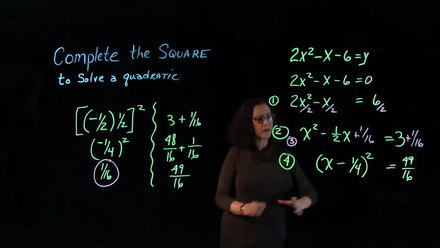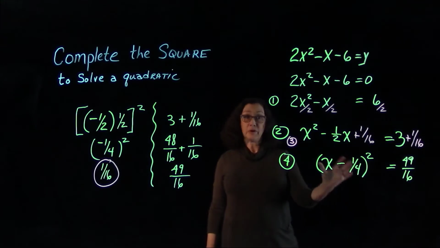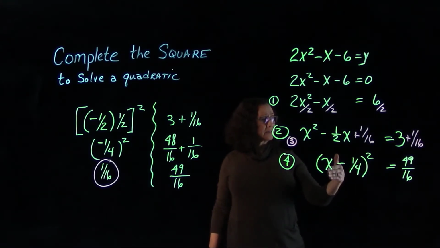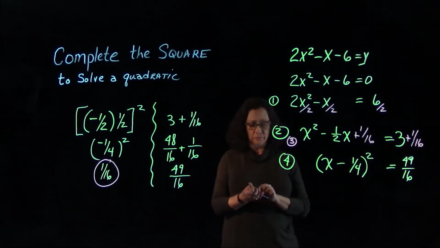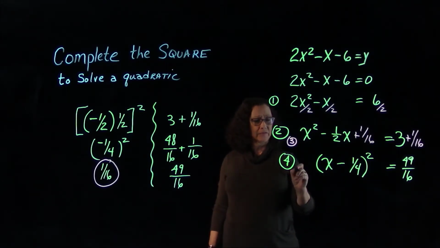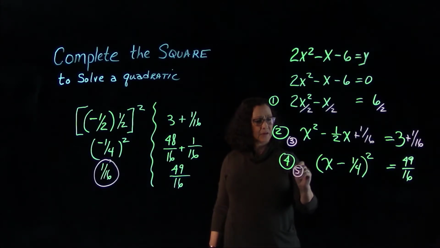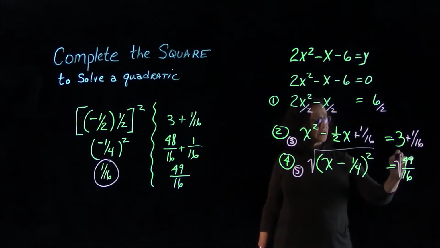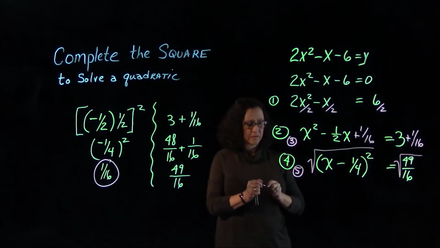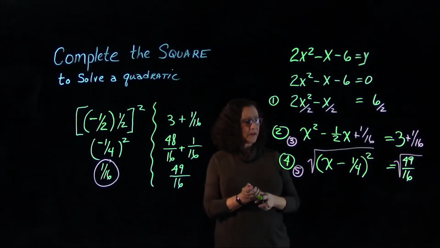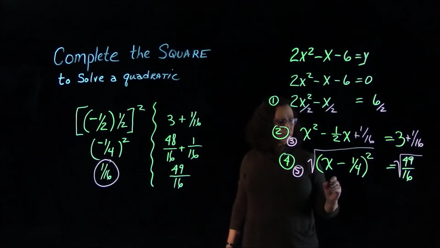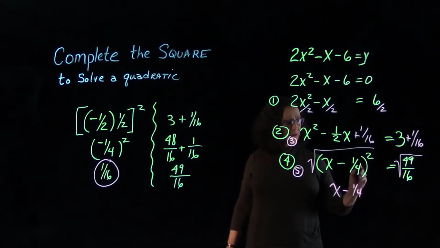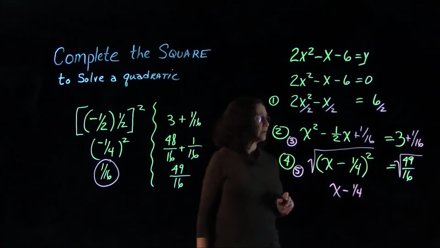What's nice about having a perfect square here is that in order to solve for x, I can now just take the square root of both sides. So step 5 is taking the square root of both sides of the equation. On the left-hand side, we end up just with x minus 1/4, because the square root cancels the squaring.